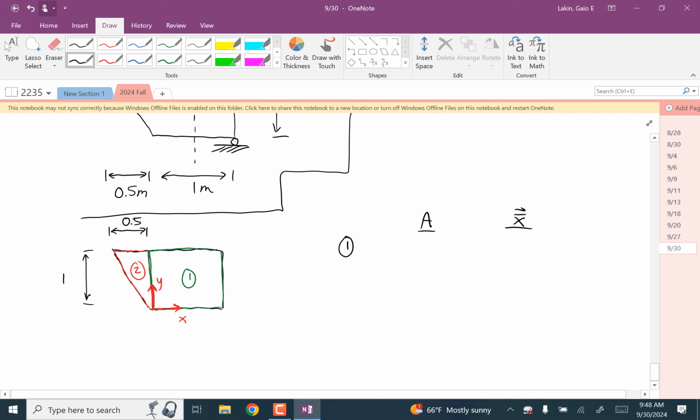So for shape 1, the area is 1. The centroid location is 0.5, 0.5. For shape 2, we're going to use the right triangle formula. And so think of the directions you're going, in terms of are you going from a point toward a wall or from a wall toward a point.